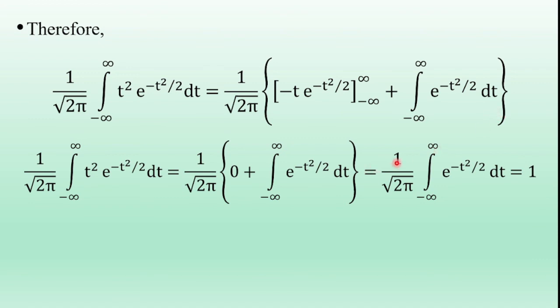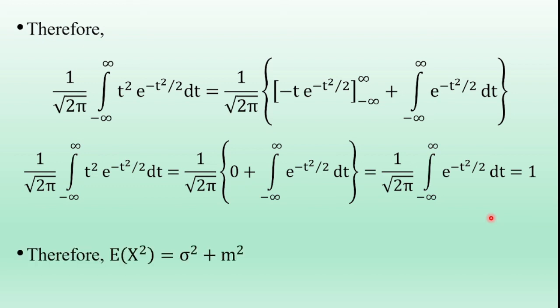Therefore 1 by square root of 2 pi integral minus infinity to infinity e power minus t square by 2 dt. This term is the area enclosed by the Gaussian random variable. The area enclosed by the Gaussian random variable is always unity, that is equal to 1.